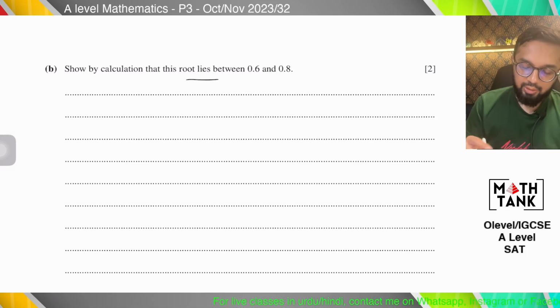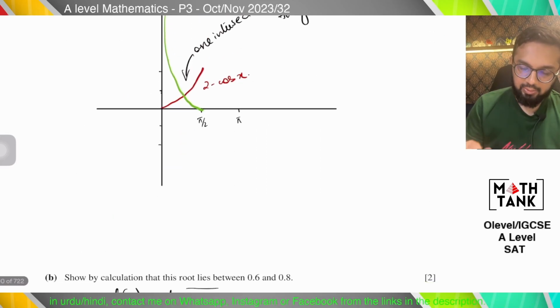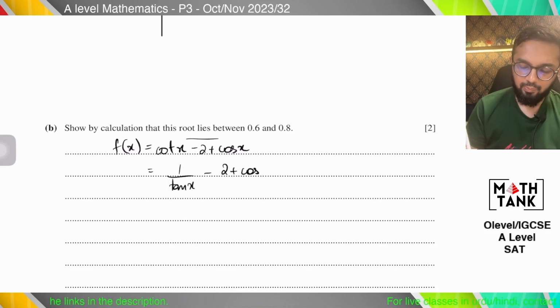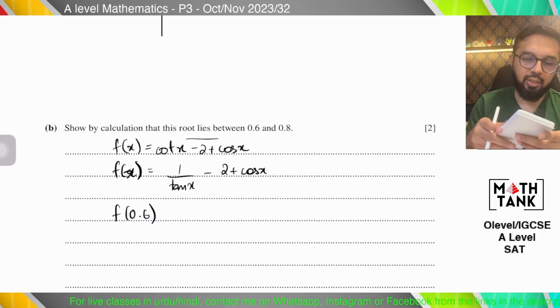Show by calculation that this root lies in the interval. So you've got to create an f of x for yourself. You say that this is cot x minus 2 plus cos x. I can write 1 over tan x just to make things easier for myself. Then what I do is first I calculate f of 0.6 on my calculator with my calculator in radians.